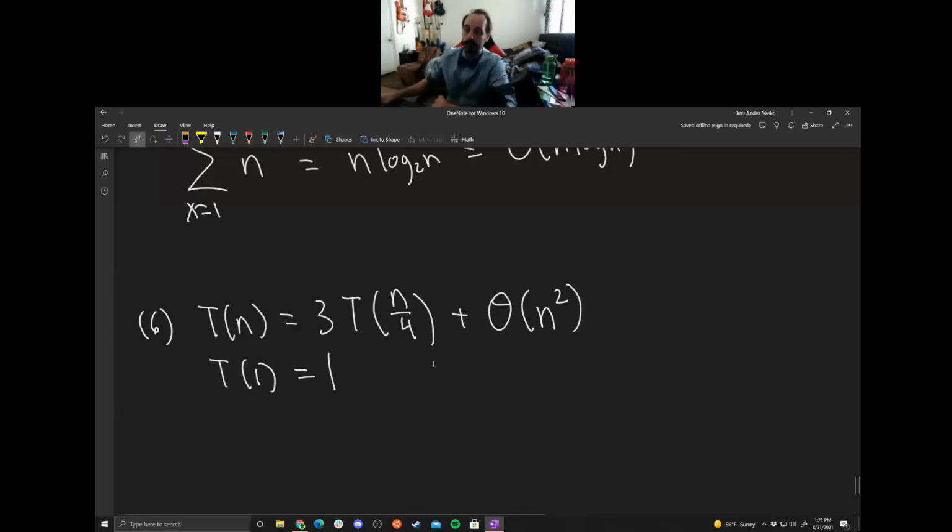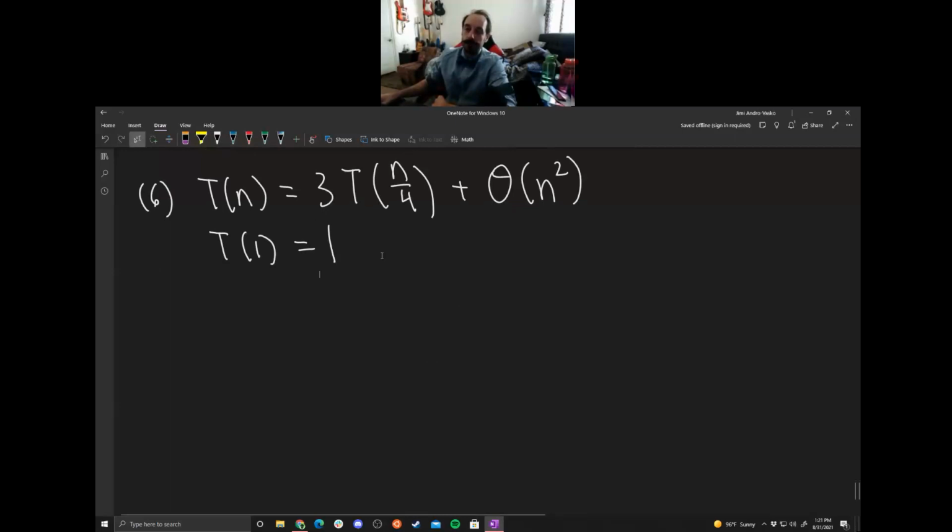Okay, so in this situation, we're going to break this into 3 pieces, and each piece will have n over 4 in size. And each, we're going to take n squared time to combine, or conquer or combine the components together. So we start with n squared. That's our first element in this procedure.